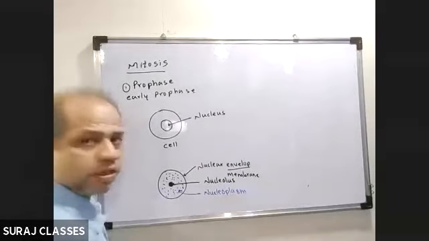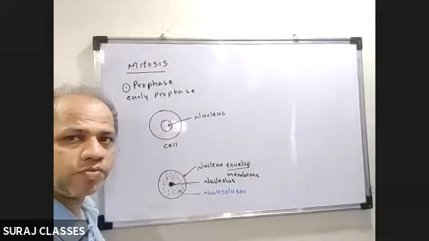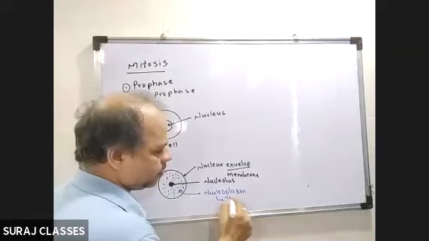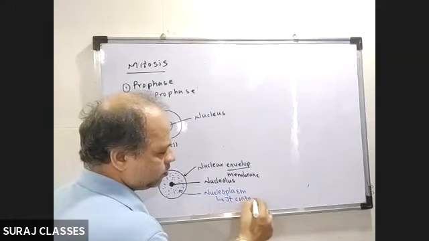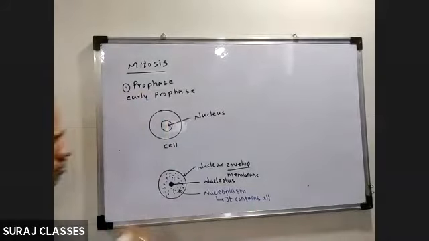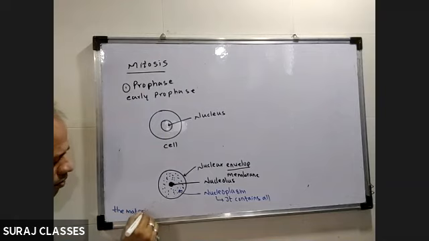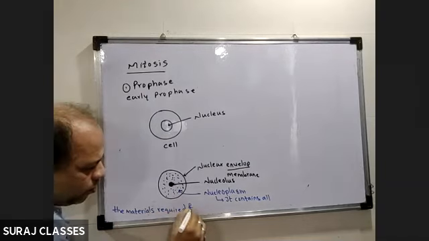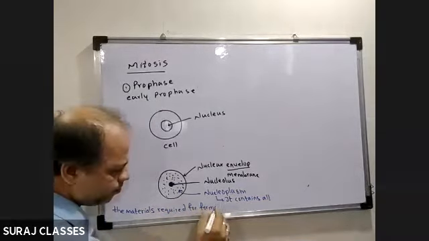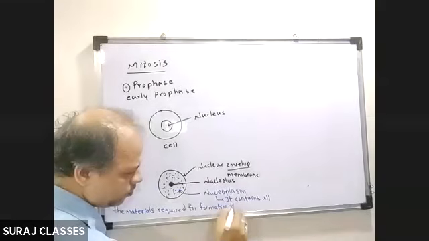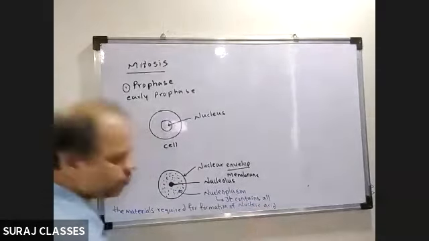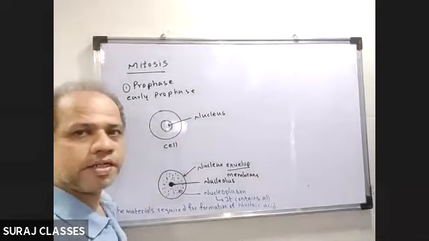The nucleoplasm contains all the materials required for formation of nucleic acid. RNA and DNA are nucleic acids.